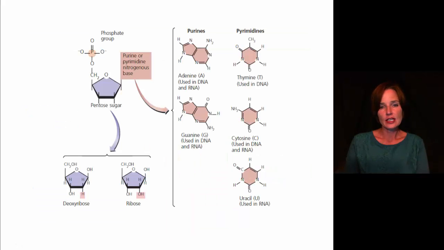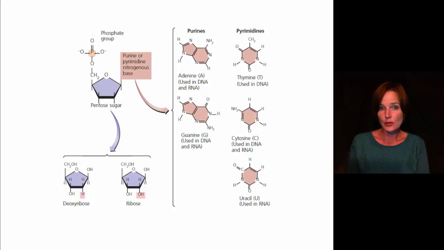Now, if we look at the individual components and the variations that we can have, we have the three main components to the nucleotide: the sugar, the phosphate, and the base. The phosphate doesn't change, but the sugar and the base certainly can. As we're seeing on this picture, first we've got the pentose sugar, which is shown here in blue or in purple. For the pentose sugar, we have two different sugars that we can find in that location.